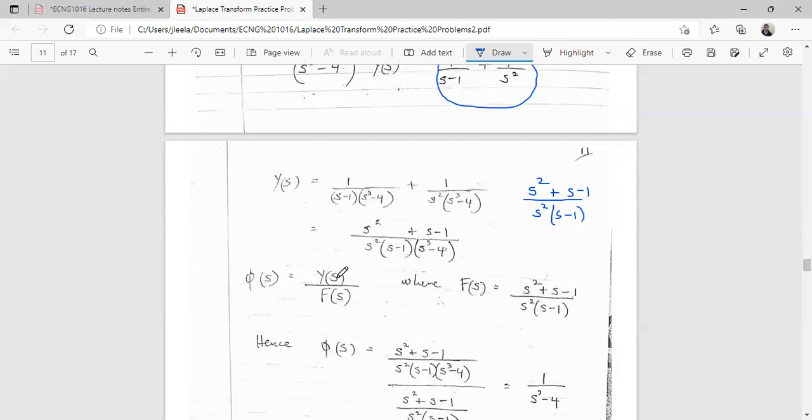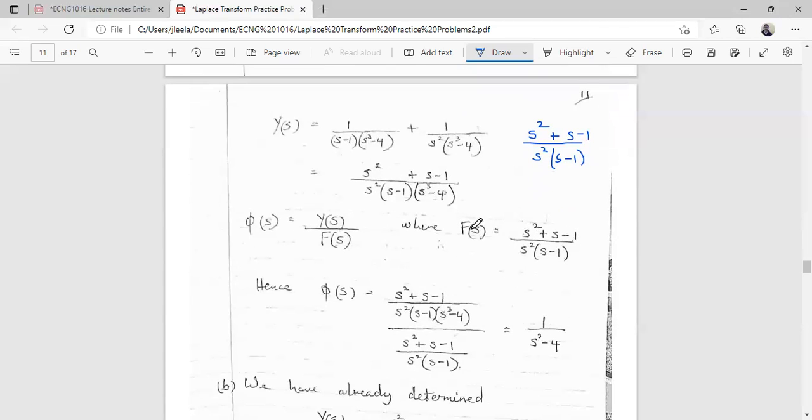So your transfer function phi s is Ys over Fs, where Fs is this here. Our Ys was s squared plus s minus 1 over s squared into s minus 1 into s cubed minus 4, divided by s squared plus s minus 1 over s squared into s minus 1.